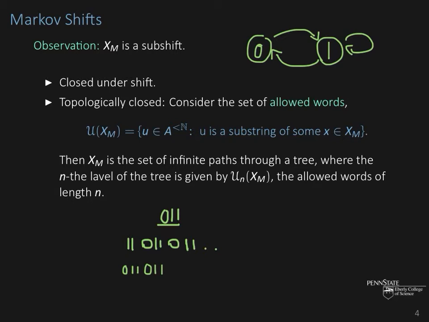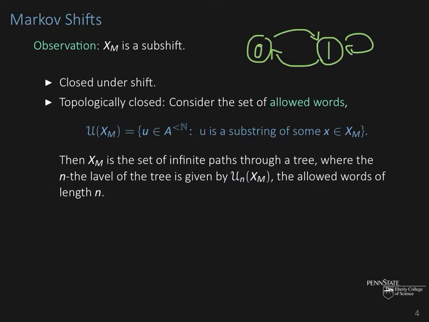So we just take this sequence here and shift it by 2 positions, and we obtain this sequence. But this now means we can build up our set X_M indeed as the set of infinite paths through a tree, where the nth level of the tree is given by U_n of X_M, the allowed words of length n. So let's do this for our example graph up here, right?